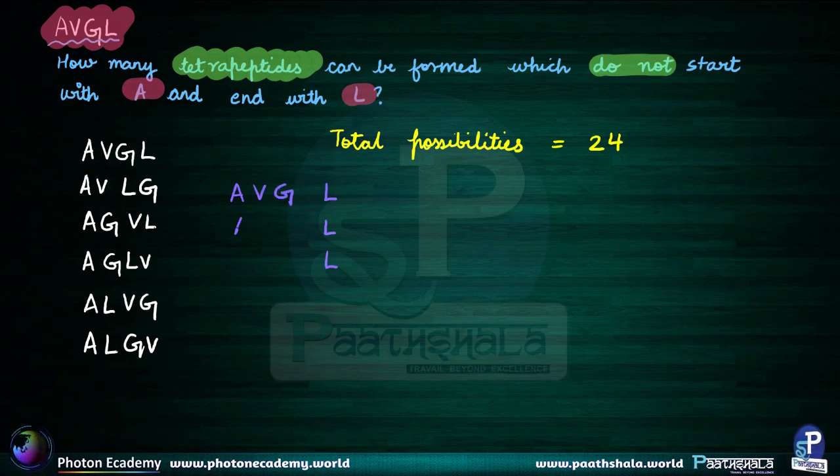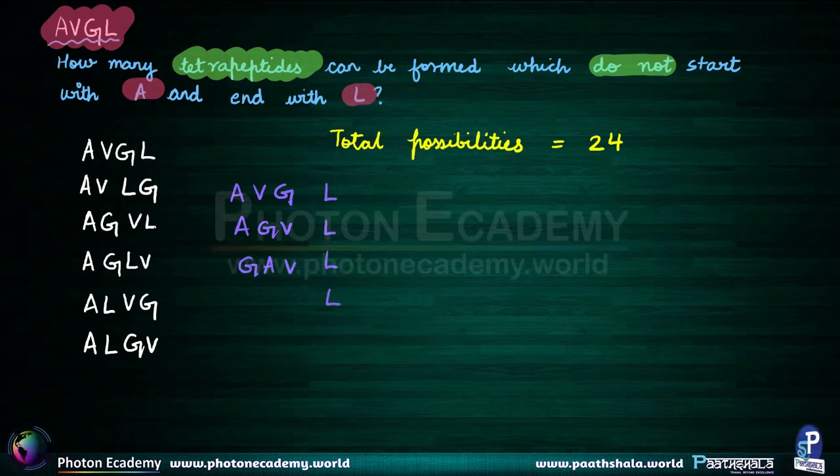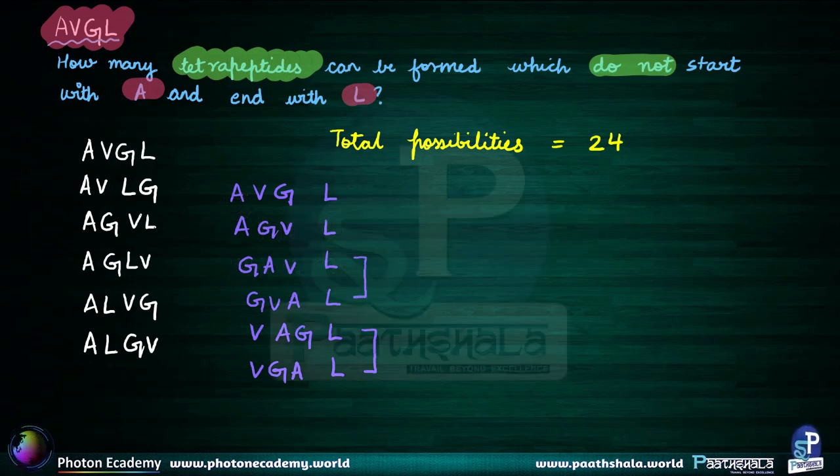So we can have AGV, then we can have GAVL, then LGVAL, then we can have V at the front, and then we can have VAG, then we can have an L at the end, and we can have VGA. So these are from V at the front, these are from G at the front, these are from A at the front. So we were looking for peptides that end with an L. So now we know that these 6 will end with an L.